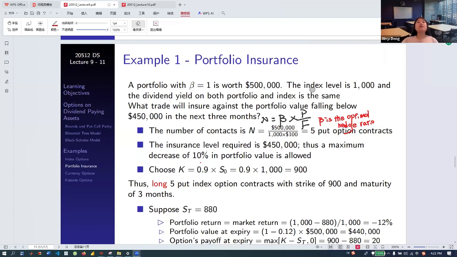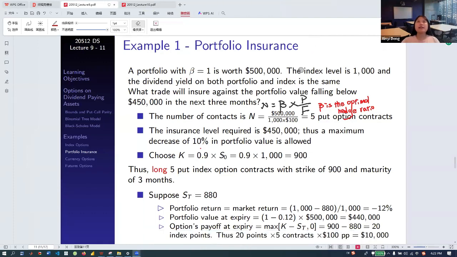Now onto the portfolio insurance example. We actually did this exercise in the previous lectures. Here we are trying to hedge our equity portfolio with options contracts, more specifically with index option contracts.